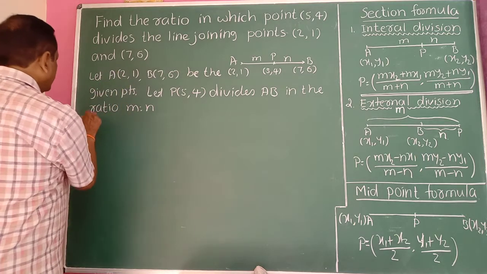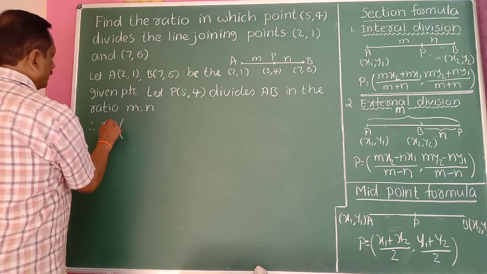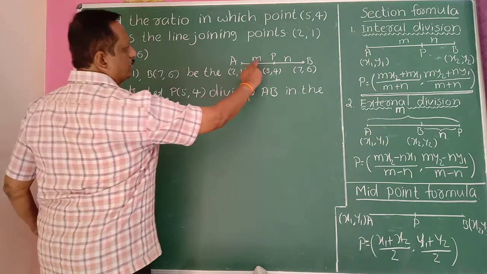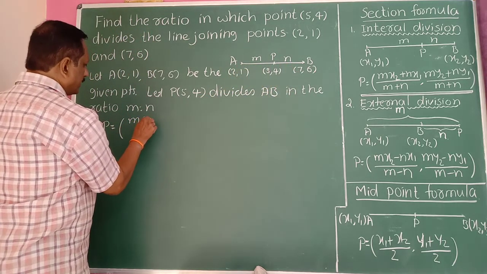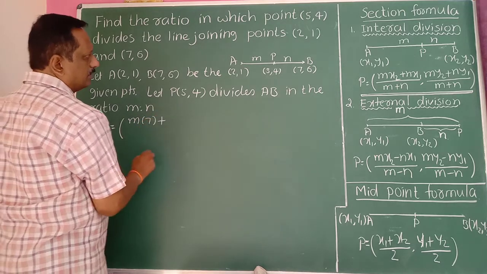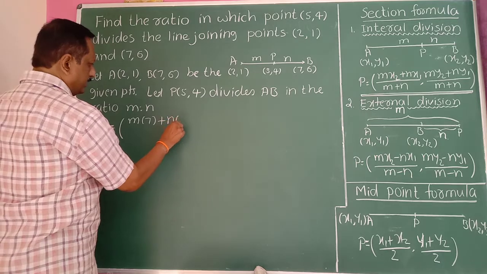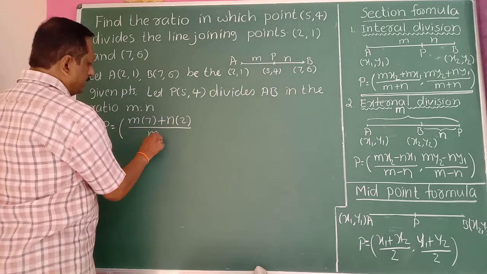Therefore, according to the section formula, here P is equal to, okay, using this formula: m into 7 plus n into 2 divided by m plus n.